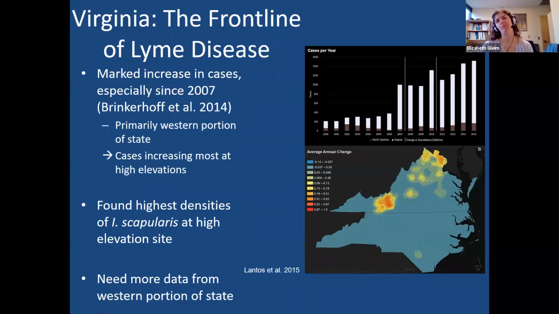The other thing that was interesting was at that time, we began to see cases shift from the northern and eastern portion of the state over to the western portion of the state. And you can see that since then, the average annual increase along the western portion of the state has increased pretty dramatically, again with this hotspot here in southwestern Virginia.